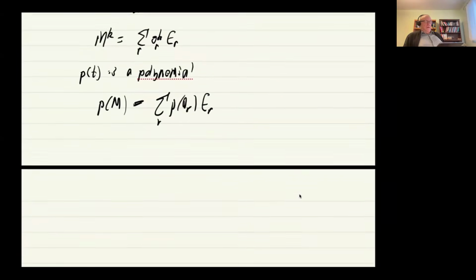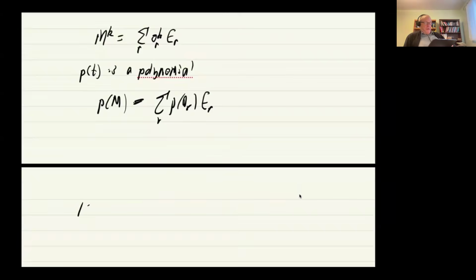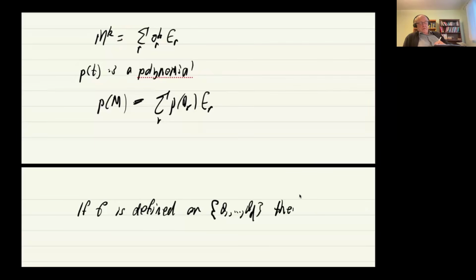The general statement is if f is defined on the eigenvalues theta 1 to theta g, then we can say that f of M is the sum of f of theta r E_r. I can take this to be a definition or a theorem depending on the details.